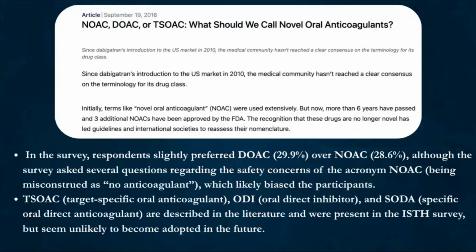In this survey, the respondents slightly preferred the drugs to be addressed as DOACs. About 30% of the consultants were in favor of the term DOAC over other terms like NOACs, because this was misconstrued as the use of no anticoagulant. So, in order to avoid the confusion, it is always better to term those drugs as DOACs.